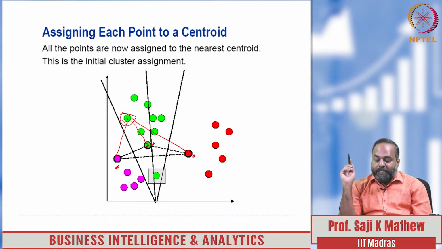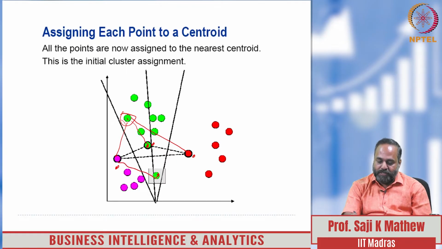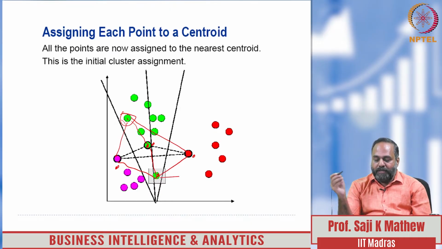And then you notice one interesting point here, that is, there is an object here, this guy. Initially, because the seeds are placed here, when you look at the distances, distance to this, and distance to this, we actually calculate, it appears that this is a green object, because this distance is the shortest.